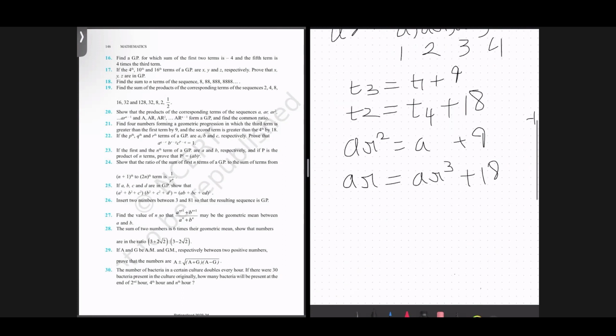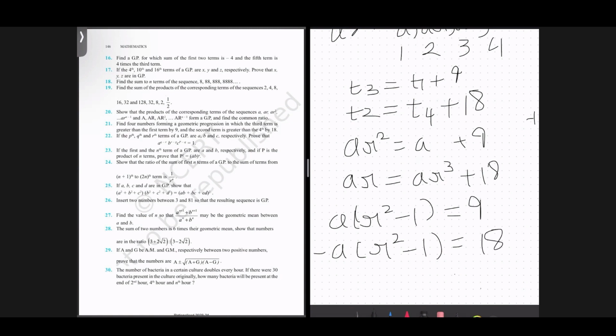Let us take common terms here. So a(r square minus 1) is going to be 9, and here I will take minus a common, so I'll get minus ar(r square minus 1) equal to 18. I have taken minus ar common in the second equation, and in the first equation I have taken a common.